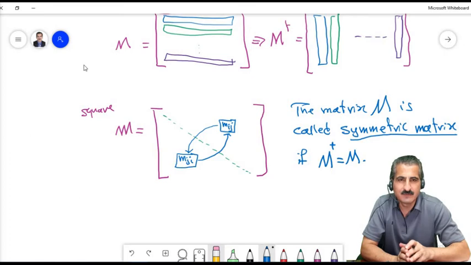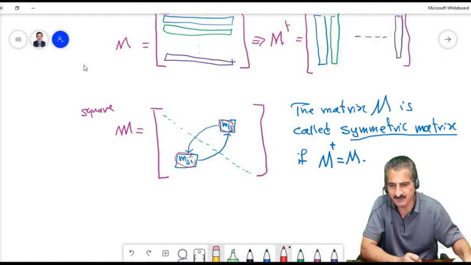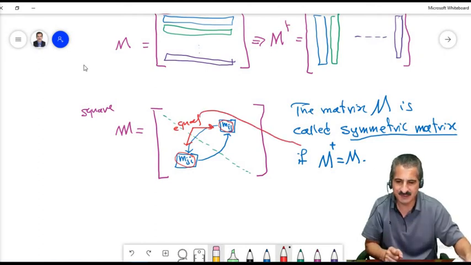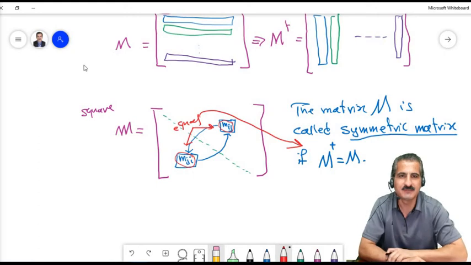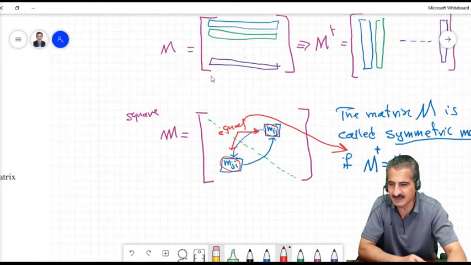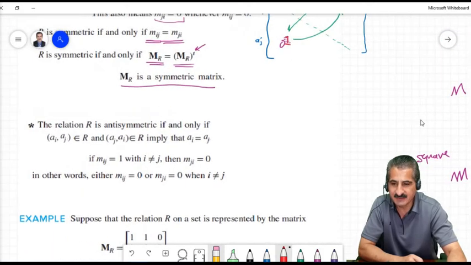What causes this to happen? Because every two opposite elements, opposite here meaning according to the mirror and the diagonal, are equal. If they are equal, then interchanging places does not change the matrix. In this case, we will see the matrix is symmetric. This is what's happening when we represent a symmetric relation using a matrix.